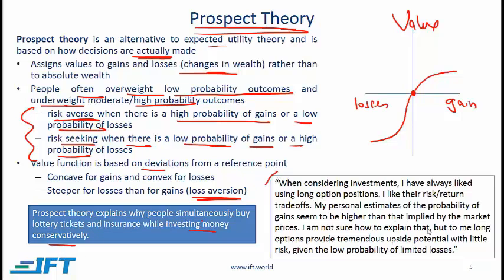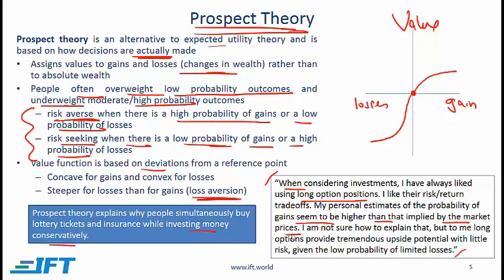Now, here is a statement that somebody following prospect theory might make. So if somebody says, "When considering investments, I have always liked using long option positions. I like their risk return trade-offs. My personal estimates of the probability of gains seem to be higher than that implied by market prices."